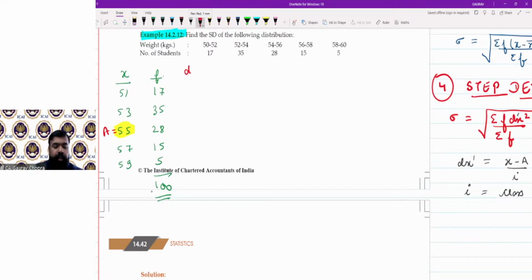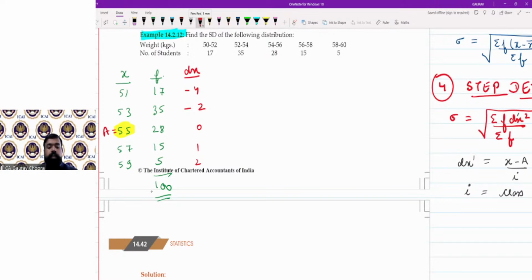Now we are finding dx. Basically we have to find dx dash here, so after that we will find dx dash also. At present, what will be dx? dx will be 51 minus 55, that is minus 4, minus 2, 0, 2, and then 4.